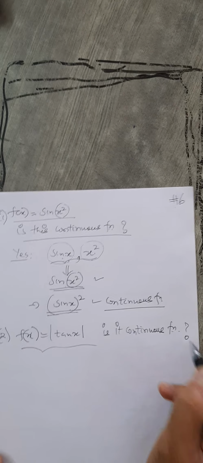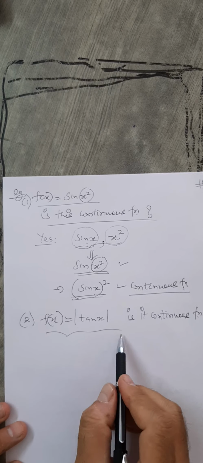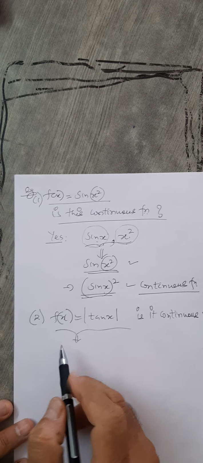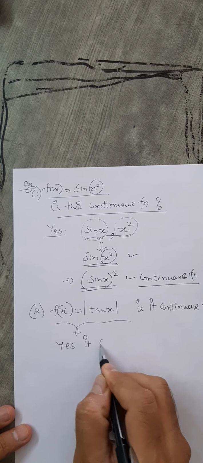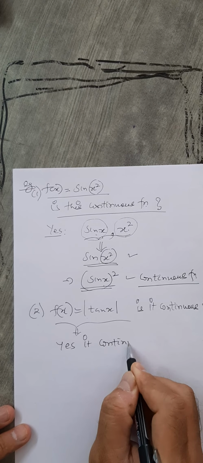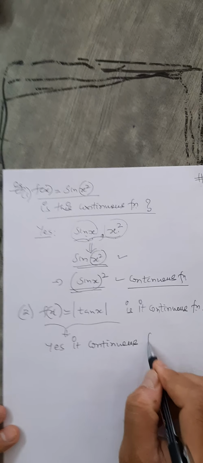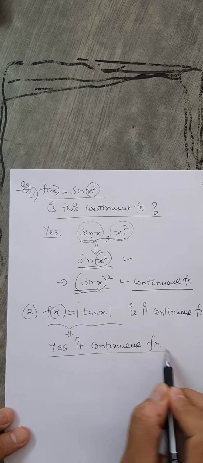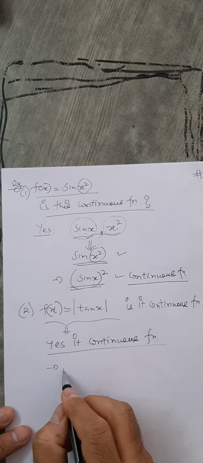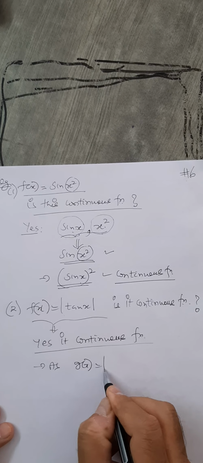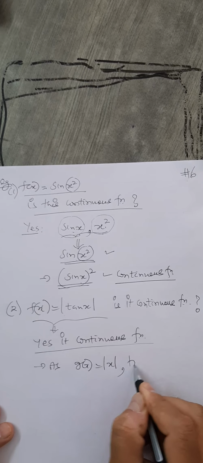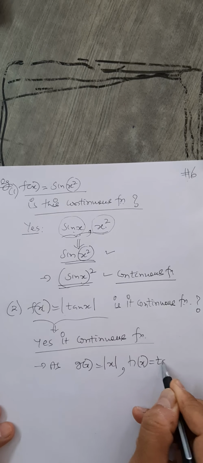That is the question. The answer is again yes, it is continuous. Why? The reason is it's a composition of two functions. I'll take g(x) equals modulus x, and I'll take h(x) equals tan x.